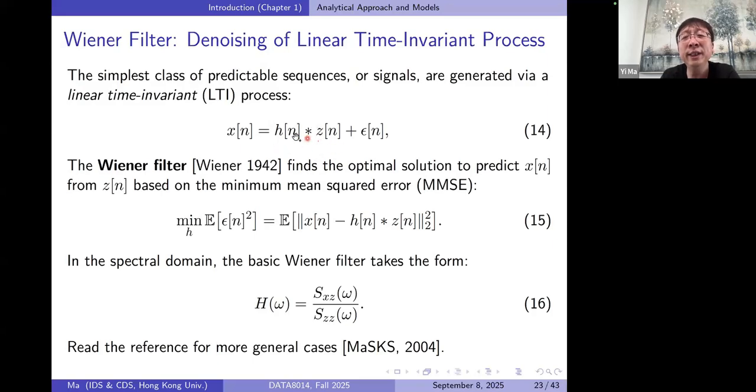Usually this is take a 卷积, right? This is estimate a linear time invariant process using this kind of convolution equation to describe the prediction, right? So x is the linear time invariant response of some input sequence z. 里面如果学过信号系统的学生 if you have learned signal processing, this is the very simplest class of models, right?